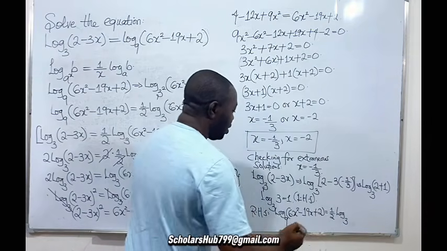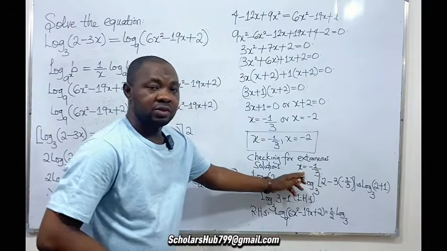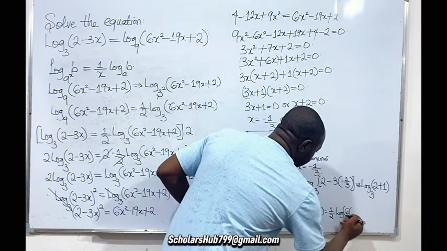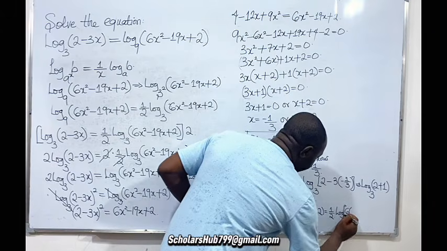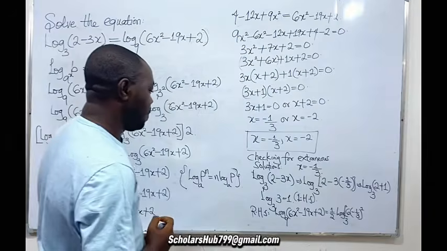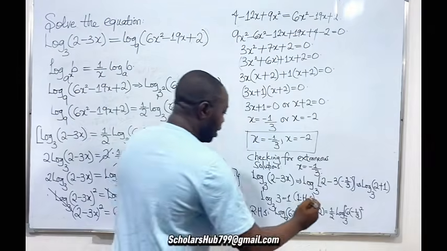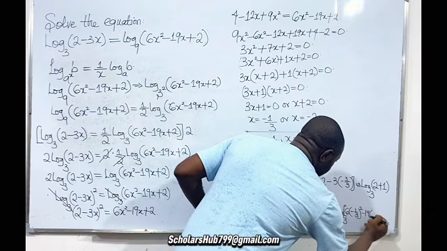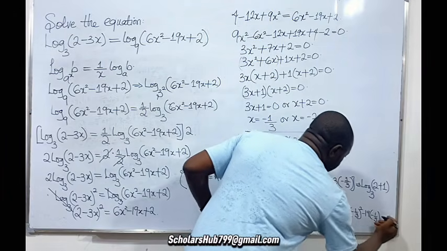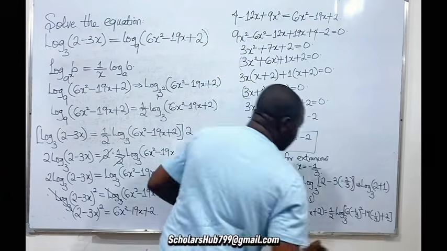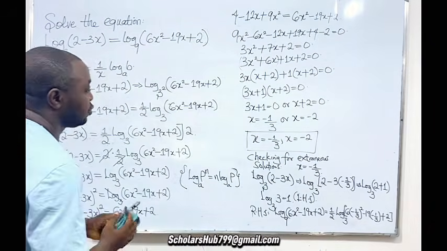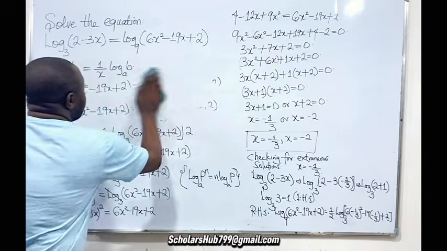Now I'm going to plug in the value of x, which is minus 1 over 3. So this will be 6 multiplied by minus 1 over 3 raised to the power of 2, then minus 19 multiplied by minus 1 over 3, then plus 2. Let me continue from here.